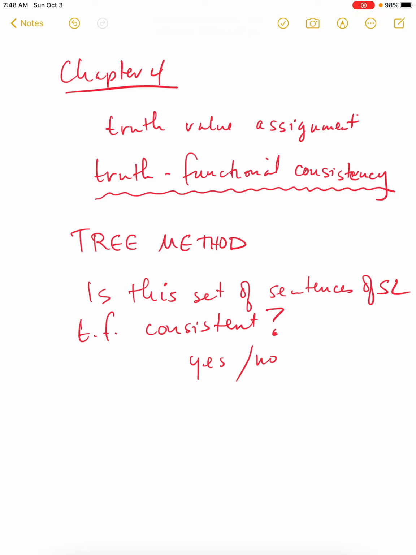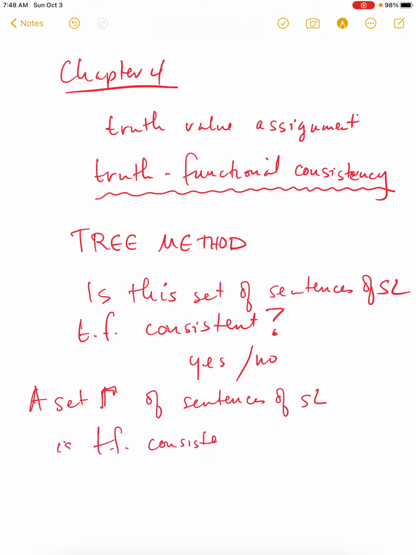And just remember that a set gamma, remember gamma is this meta variable that we use to range over sets of sentences of SL. A set gamma of sentences of SL is truth functionally consistent if and only if at least one truth value assignment makes all its members true.